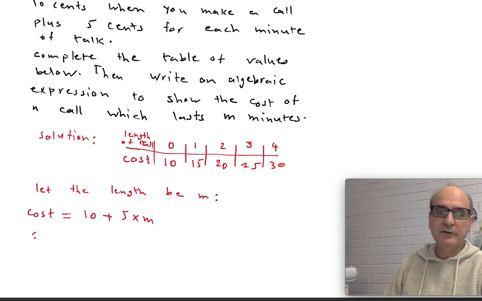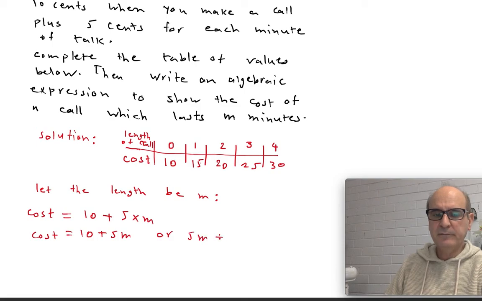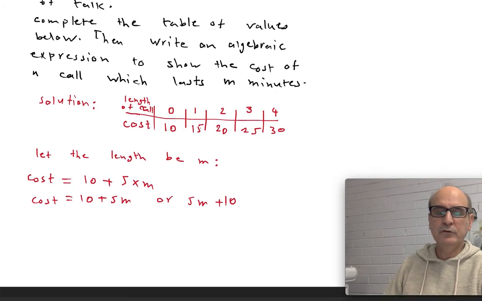So then the cost will be, and we can drop this multiplication sign, 10 plus 5m, or it doesn't matter, you can write it as 5m plus 10. That is the expression that gives you how much you're going to pay for your call.